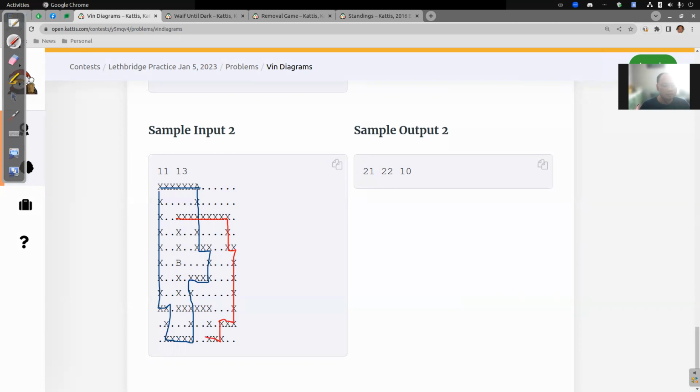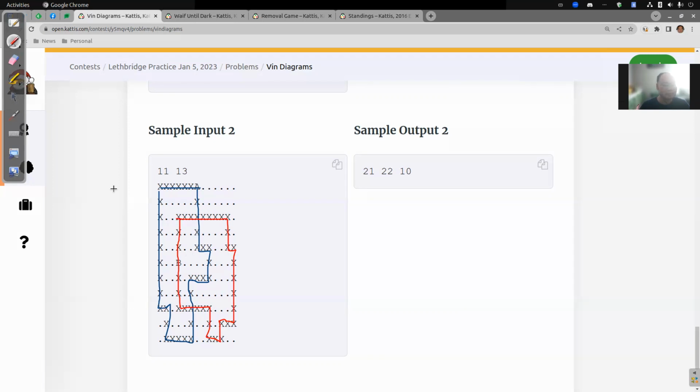There are only four directions you can go. And when you cross into another loop, it's always an X across. So you always go straight across. And then based on that, you have to figure out that there are 21 dots that are just in A and not B, 22 dots that are in B but not A, and then 10 of them are in common. Okay, so that's the idea.